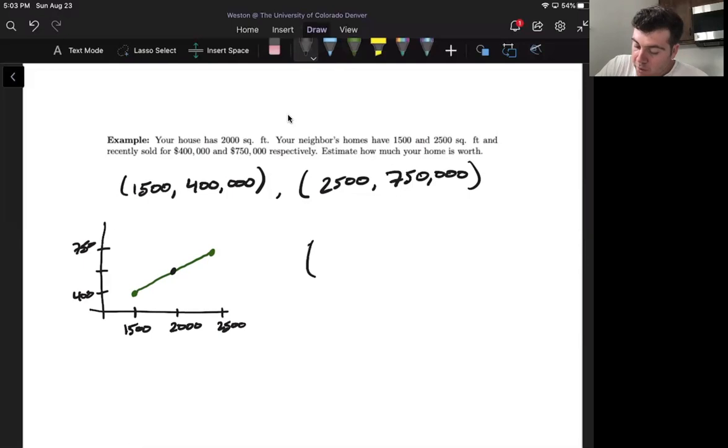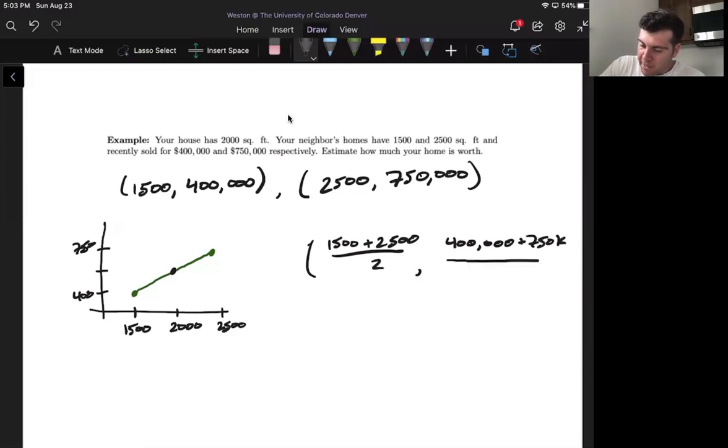With the midpoint formula, we see that 1,500 plus 2,500 over 2, comma, we add the next two together. I'm just going to write a K because I'm running out of space.